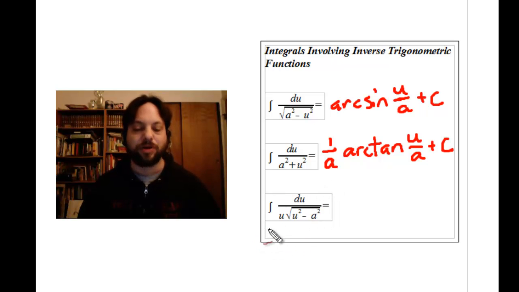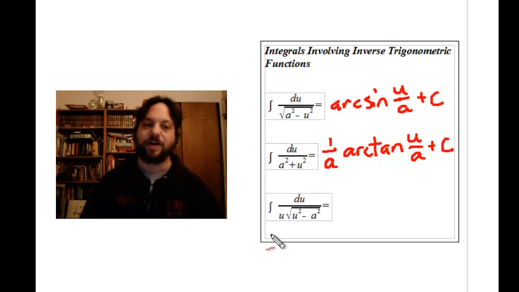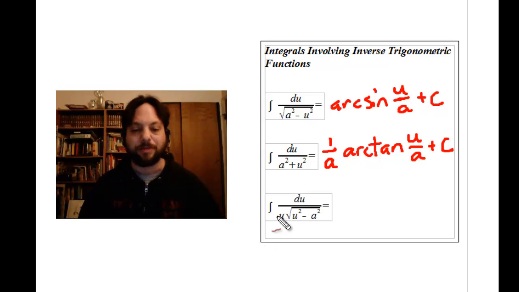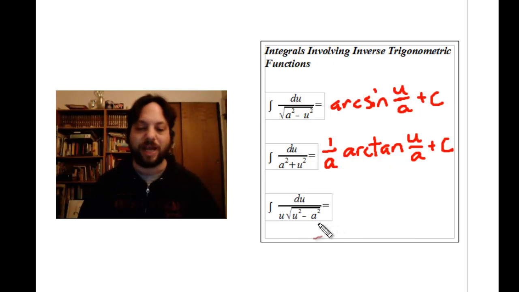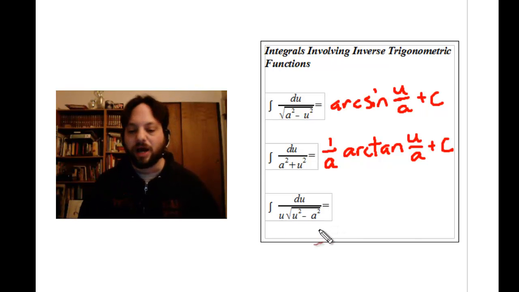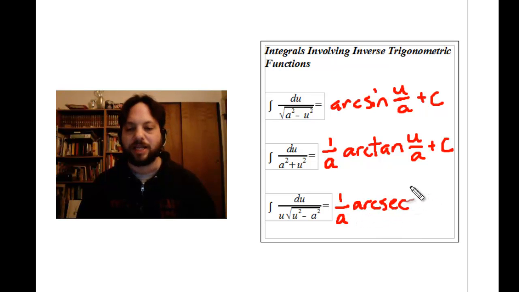Now, on this last part, this also looks very much like one of the derivatives from lesson 5.8. It is missing the absolute value on the u down here, but other than that, and the fact that we have an a squared instead of a 1 again, this is going to lead us to our arcsecant. It, again, will have a coefficient of 1 over a, and then we'll have our arcsecant, and here is where the absolute value is going to come into play.